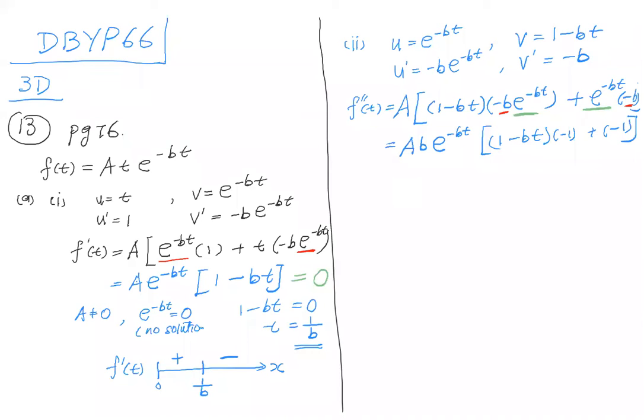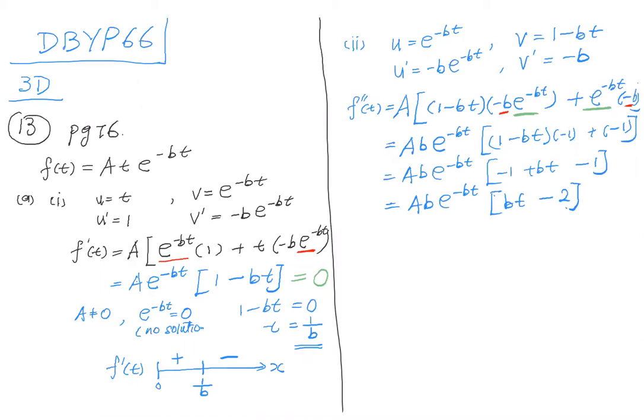So I will have AB e to the power negative bt, expand negative 1 plus bt minus 1. So I have AB, bt minus 2.